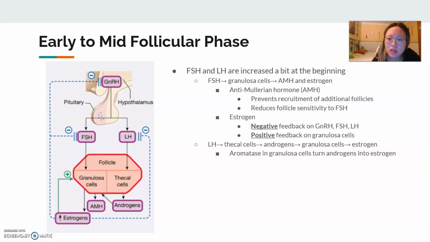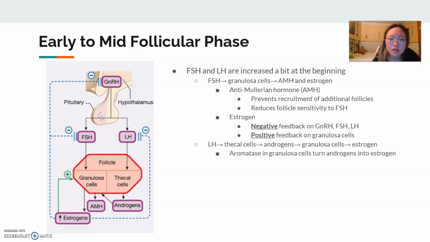AMH is the anti-Müllerian hormone, which prevents the recruitment of additional follicles by reducing the follicle sensitivity to FSH. And then the increase in estrogen. Estrogen has a negative feedback effect on GnRH, FSH, and LH. But it has a positive feedback on the granulosa cells.